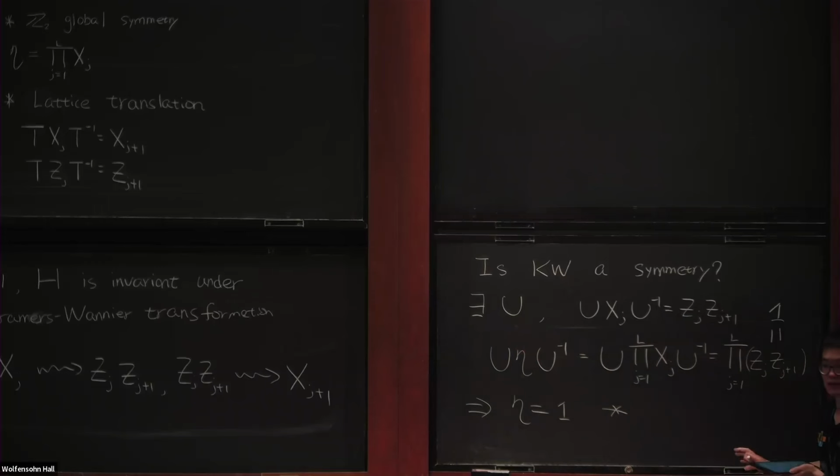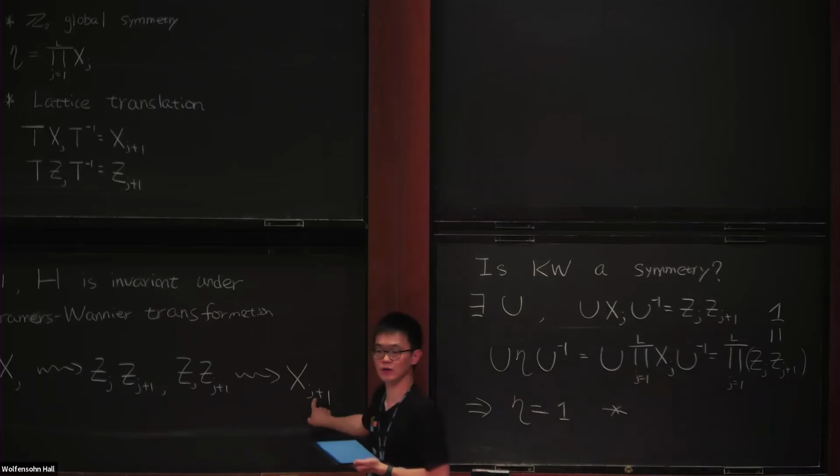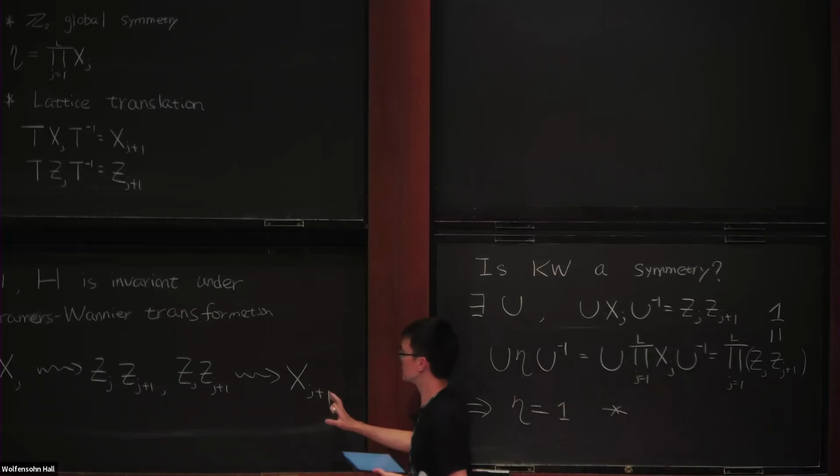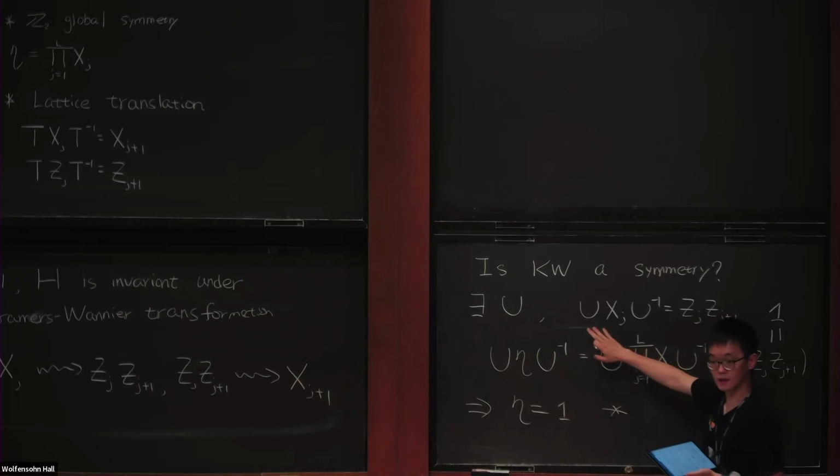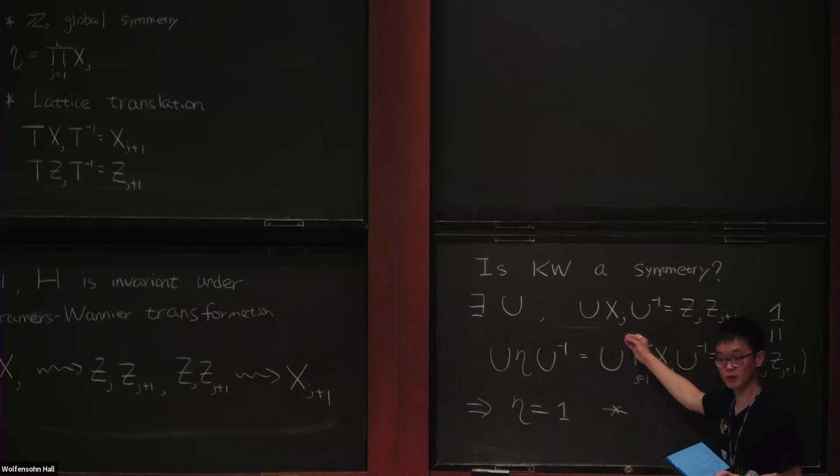Any question at this point? Please feel free to interrupt me anytime. Yes? Why are you defining the Kramers-Wannier transformation as a lattice transformation? Right, you are asking why I shift by one site. The reason is that an ordinary symmetry transformation, implemented by conjugating the operator with the symmetry operator, gives you an automorphism of the operator algebra.